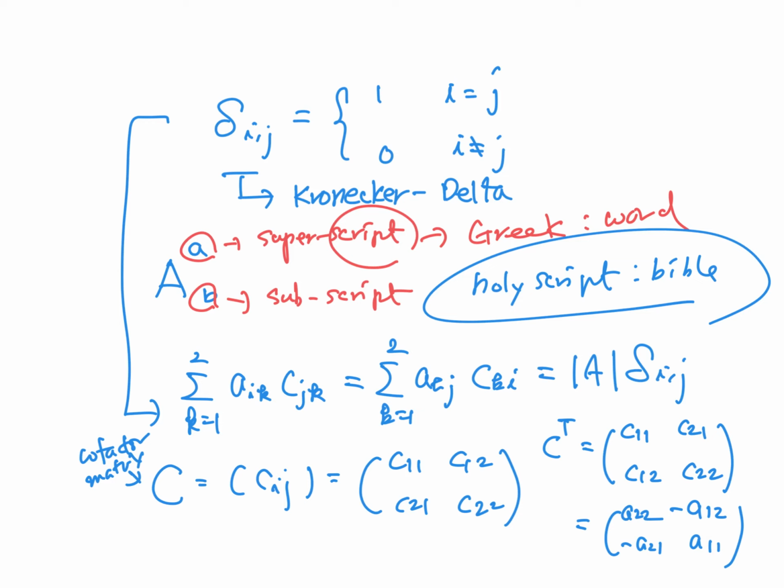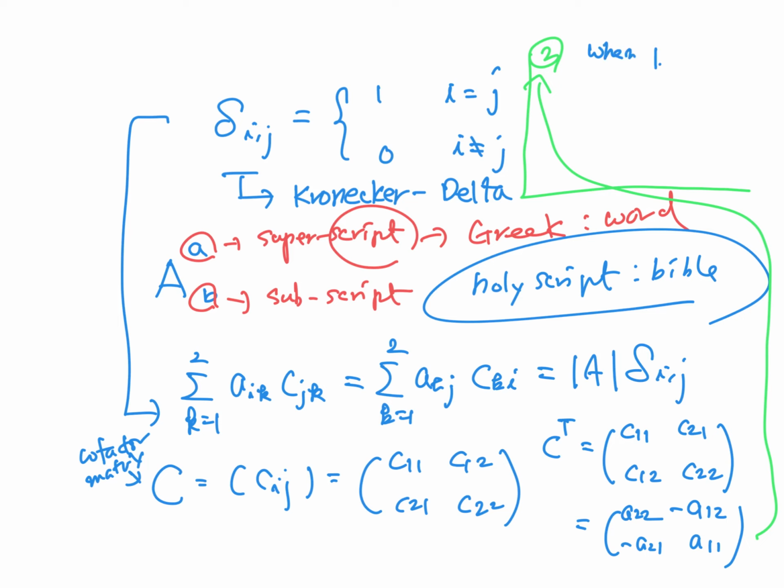Then when determinant A is non-zero, the inverse matrix is defined as 1 over determinant A times the transpose of the cofactor matrix.